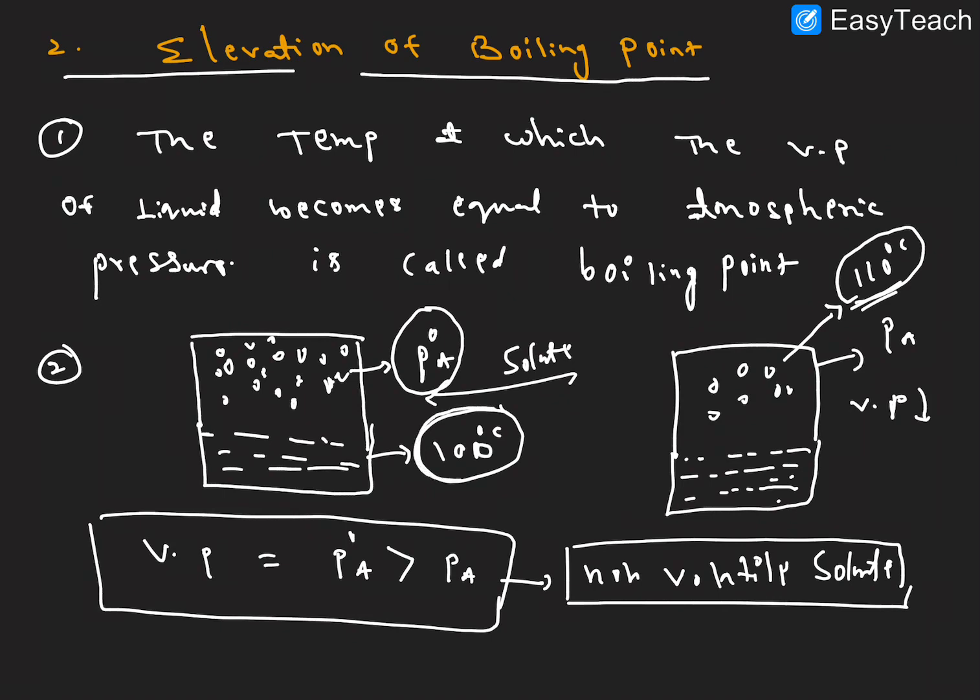But pure water at 100 degrees can boil, converting liquid into vapors. Why is more temperature required here? By adding non-volatile solute, right? So the boiling point is increasing by addition of solute, which is called elevation of boiling point. I hope it is clear. The name itself says it: the boiling point increases. The reason is the addition of non-volatile solute. I hope it is clear up to here.